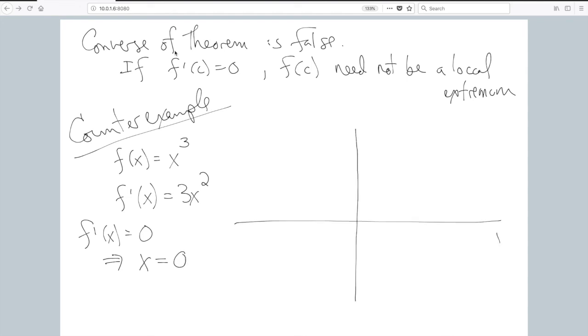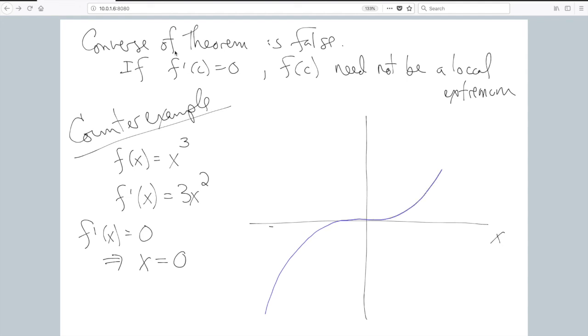But the graph of our function, y equals x cubed, we know looks like this. So it is true that the tangent line is horizontal at x equals 0.